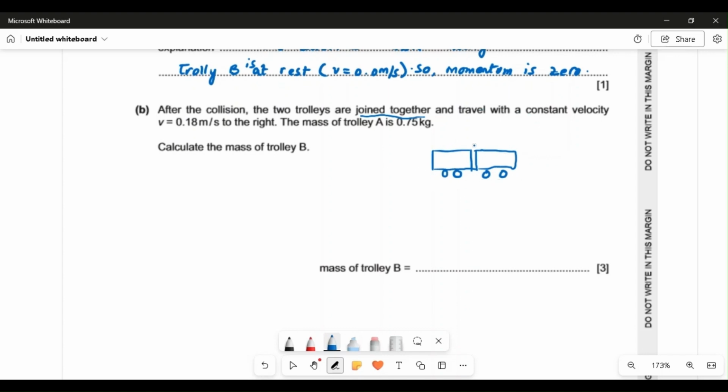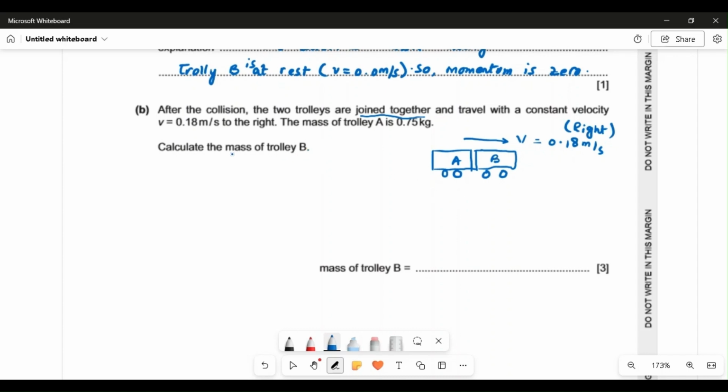Both of them now move to the right, at 0.18 meter per second to the right. That's the same direction that trolley A was. Now, the mass of the trolley A is 0.75.